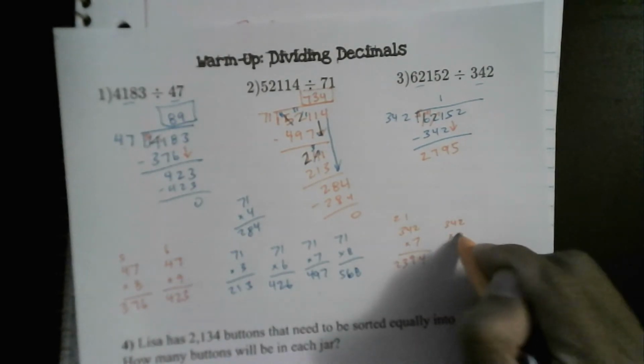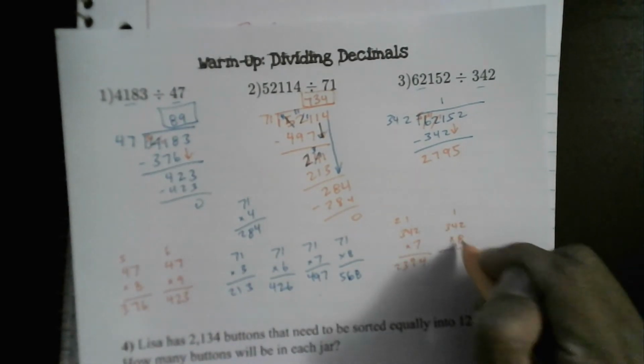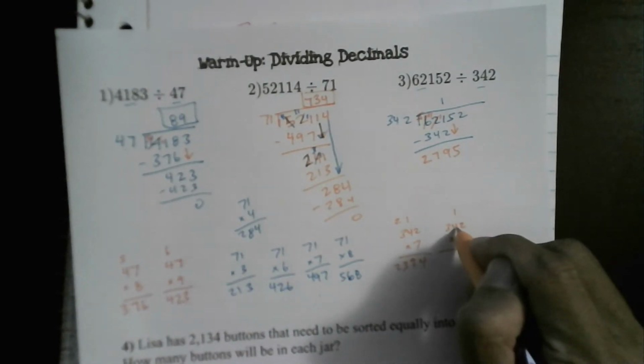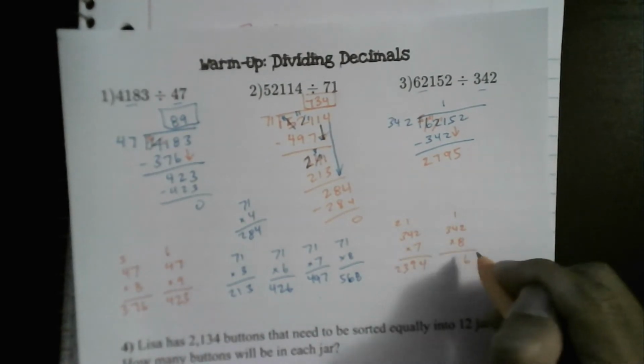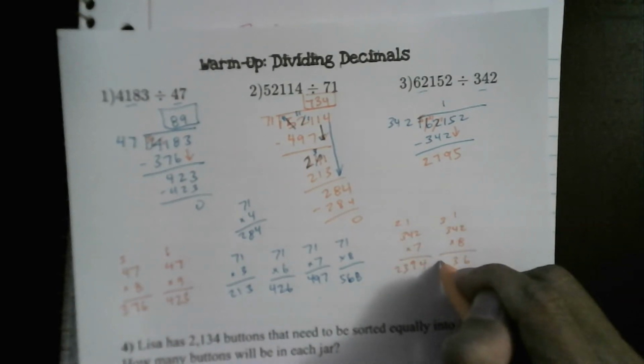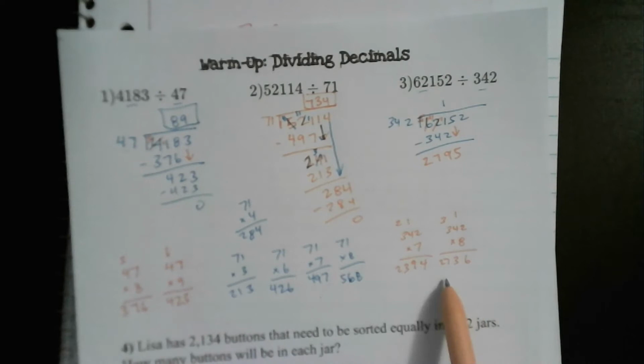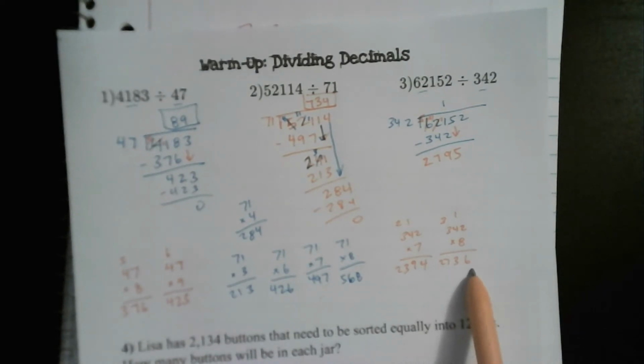Let's try 342 times 8 and see if that's any closer. 8 times 2 is 16. 8 times 4 is 32, plus 1, 33. 8 times 3 is 24, plus 3 is 27. So 342 times 8 is 2,736. Did I do that correctly?